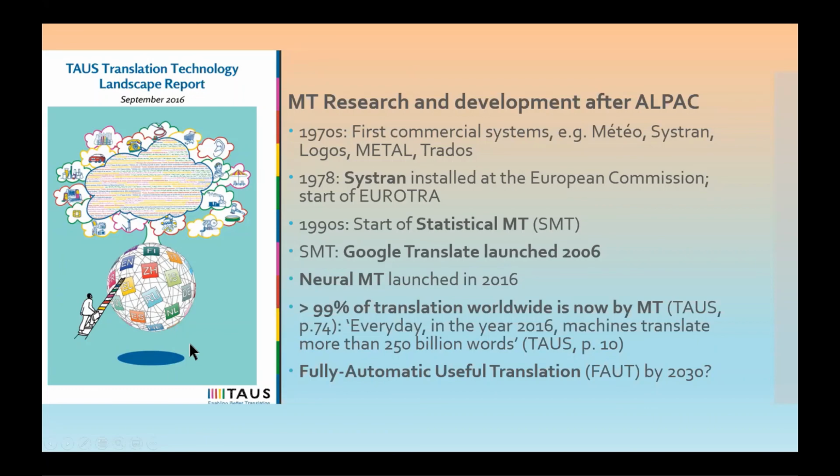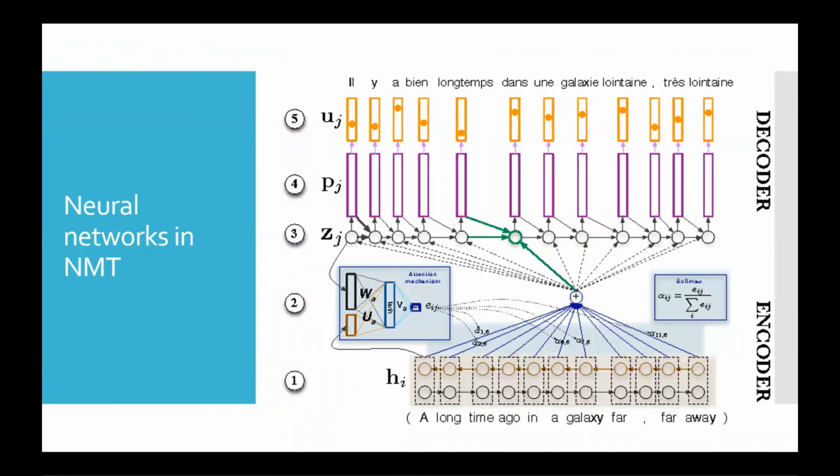Well, I think for some languages, particularly European language pairs, that was extremely pessimistic, because I think we already have that in 2020 for language combinations like English and French, the ones I deal with. And I'm not going to explain this diagram, don't ask, please.